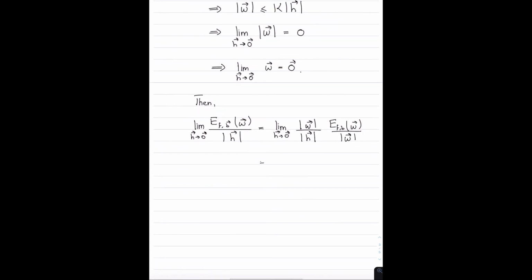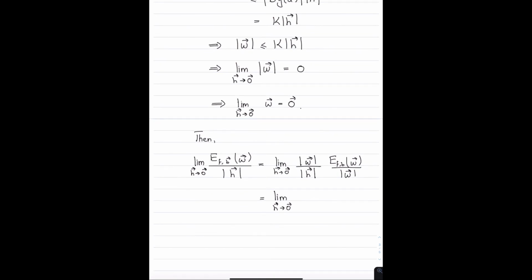One other mistake that I made: I'm going to consider the norm of this entire thing, because if I can show that the norm goes to 0, then I know that the vector itself goes to the 0 vector. So for now, I'm just going to consider the norm.